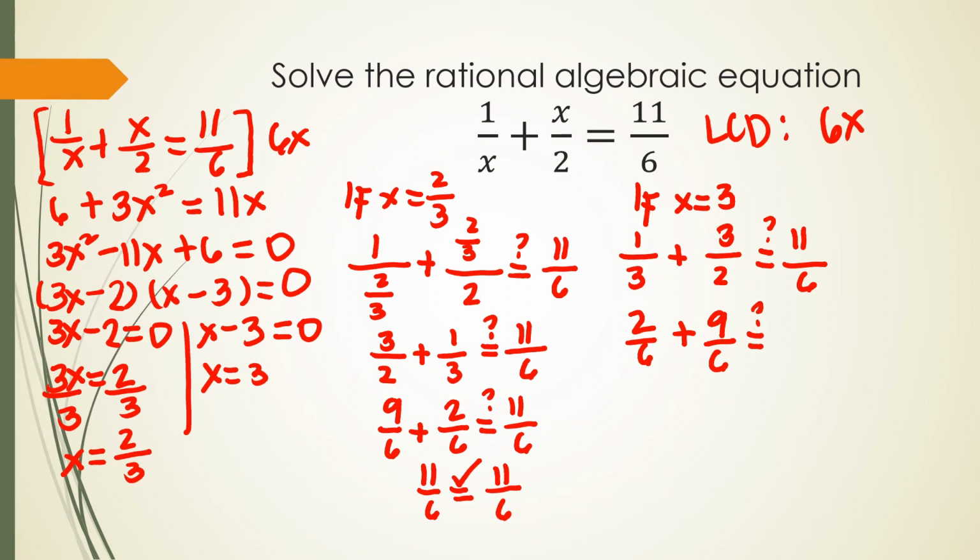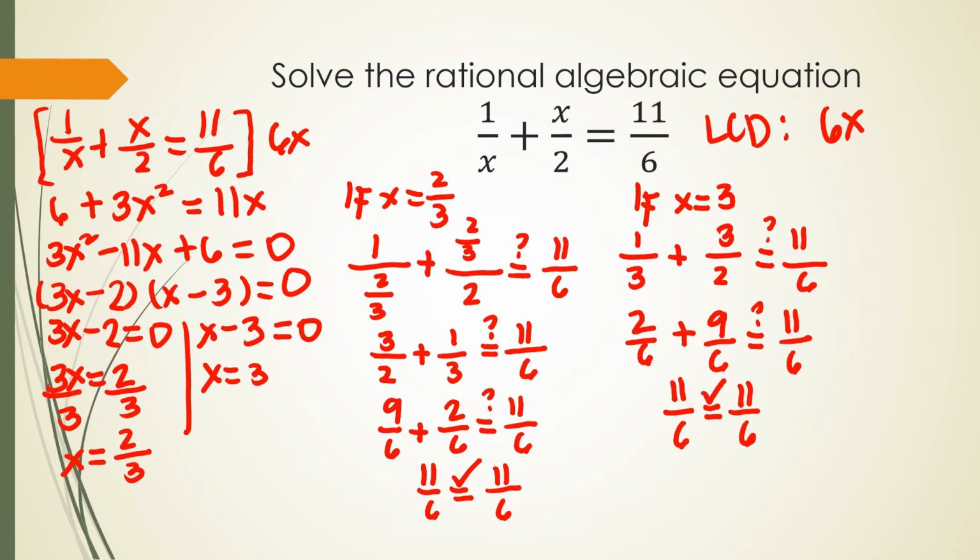Is it equal to 11 over 6? So again, our denominators are the same. Copy the common denominator, which is 6. 2 plus 9 becomes 11. 11 over 6 is equal to 11 over 6.